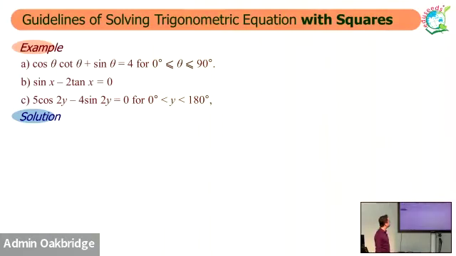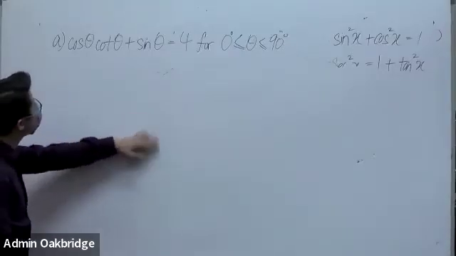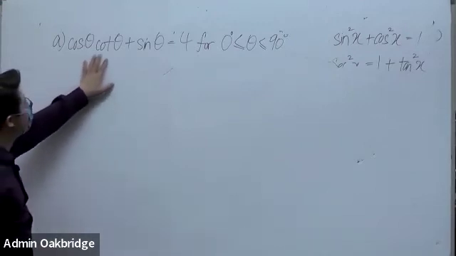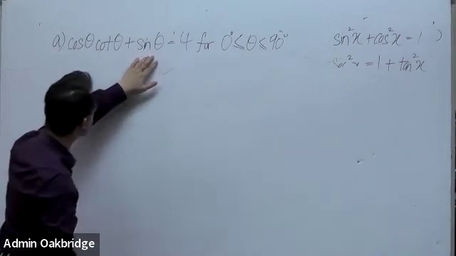All right. So let's see these 3 questions. All right, this is from 0 to 90 only. Okay. So now, any square here? No, we don't find any square, and they don't have the same trigo function here.